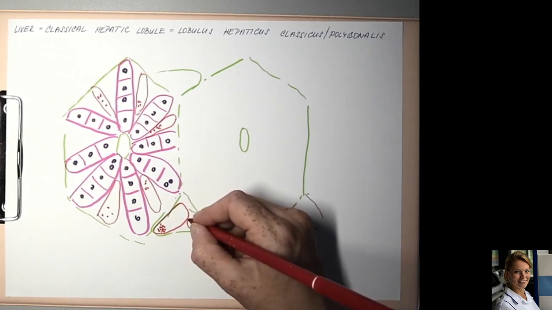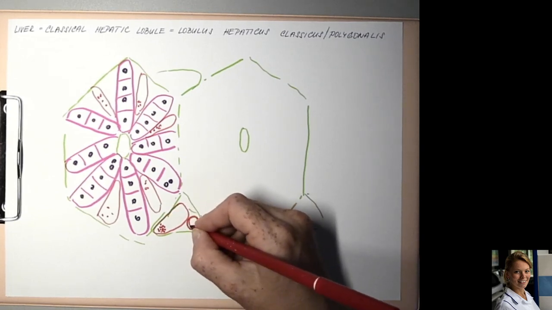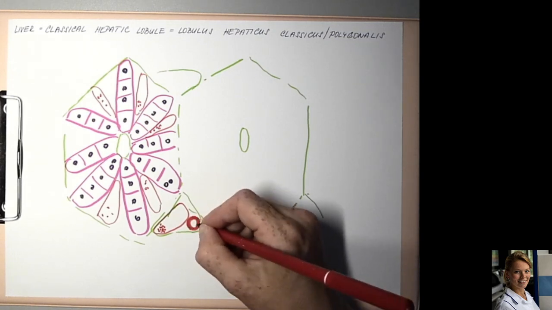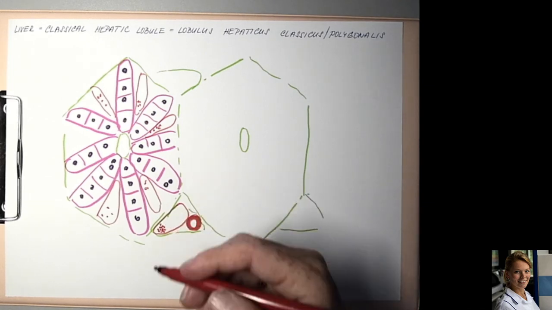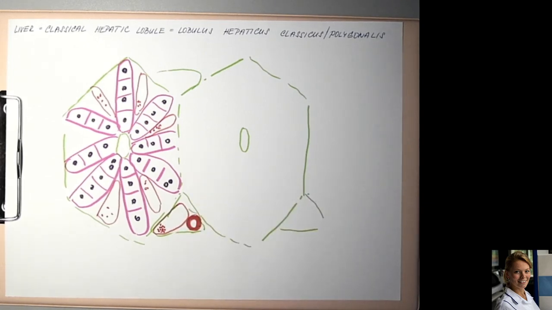The interlobular artery has a very thick wall compared to the interlobular vein. The interlobular vein is a branch of the portal vein, and the interlobular artery is a branch of the hepatic artery.